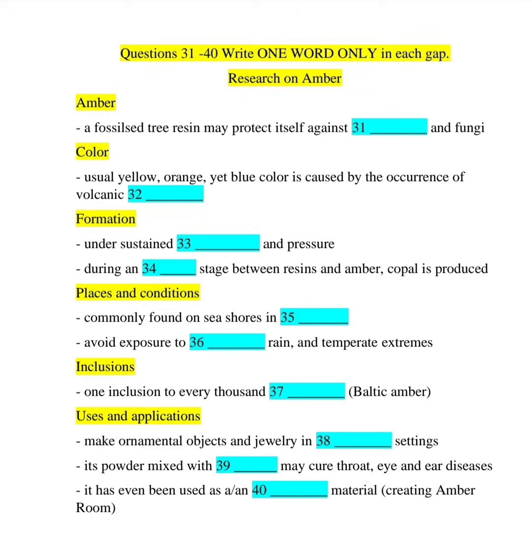This is both a large and unusual find, and most butterfly specimens have no more than a 2-inch wingspan. Inclusions in Dominican amber are numerous, one inclusion to every 100 pieces. Baltic amber contains approximately 1 inclusion to every 1,000 pieces.